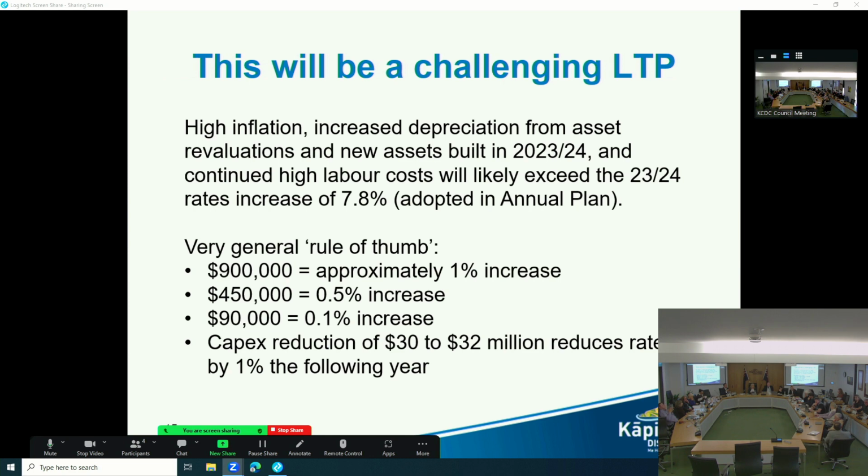We have talked about the fact that even for the last annual plan, getting through on what was just around a 7% rates increase was just keeping the lights on from our perspective. So that position has not changed. For us to continue to deliver at our current rate, the current service levels, what some of us talk about as just BAU, is at that level.